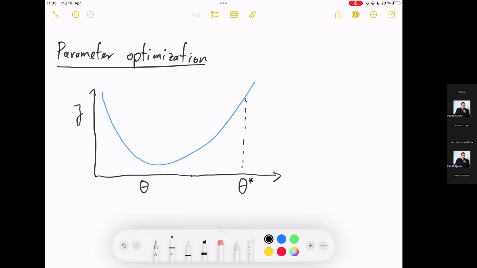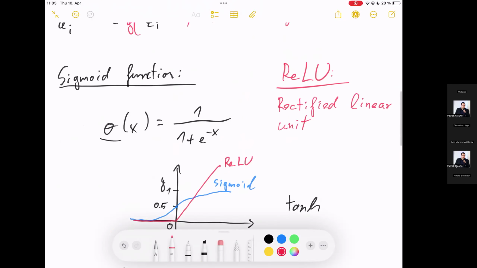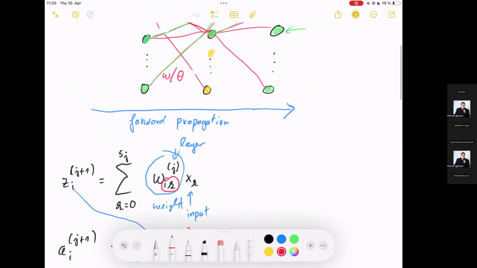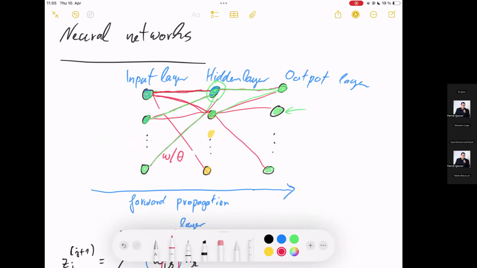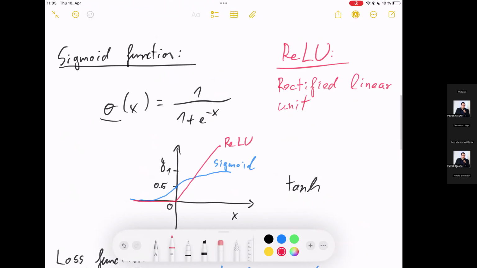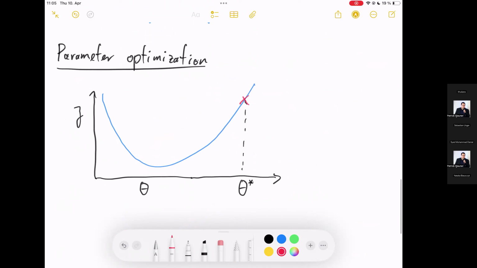And I have an error up here. For now, we only have one parameter. We've seen before a neural network easily has millions of parameters. If I have 1,000 hidden units, and another 1,000 hidden units in the next layer, I already have 1 million parameters. For now, we assume our model only has one parameter.